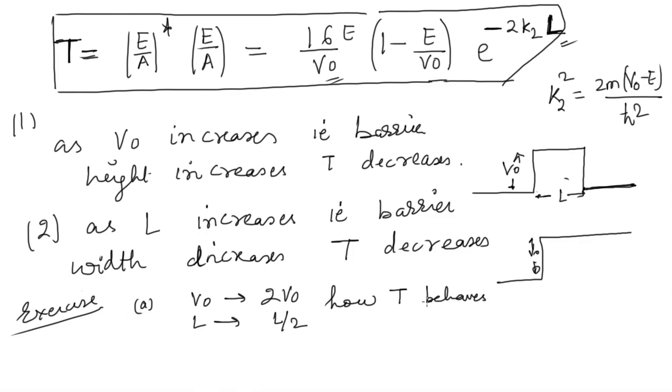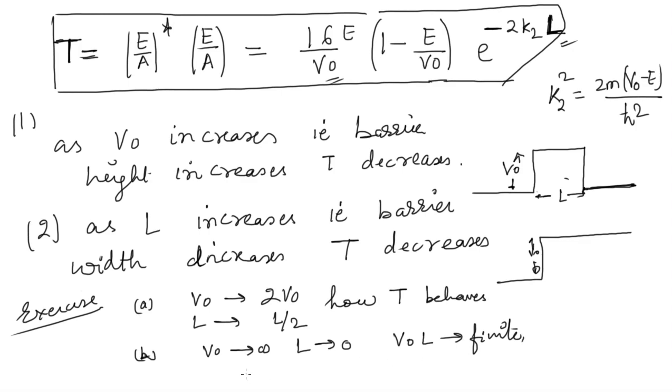Now, if the length goes to 0, V0 tends to infinity, and the width of the barrier tends to 0, such that V0 L remains finite. It means basically a delta function. So V0 tends to infinity, L tends to 0.